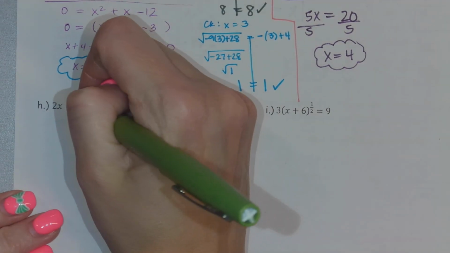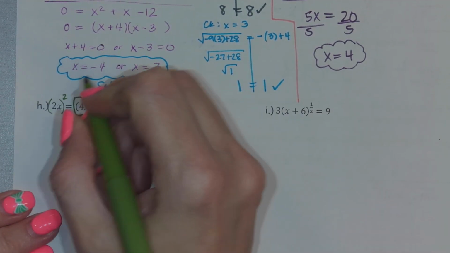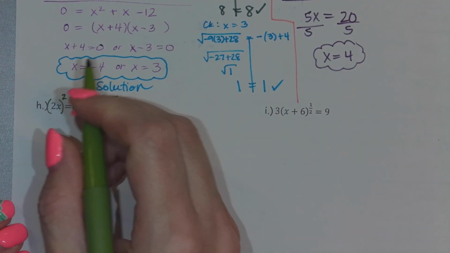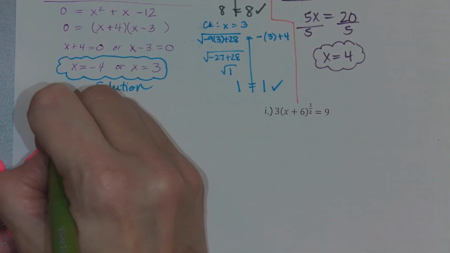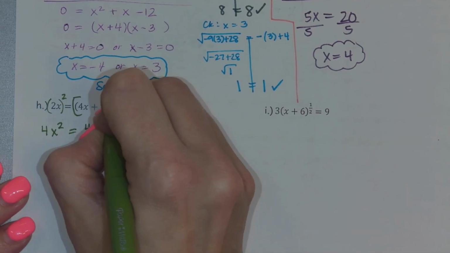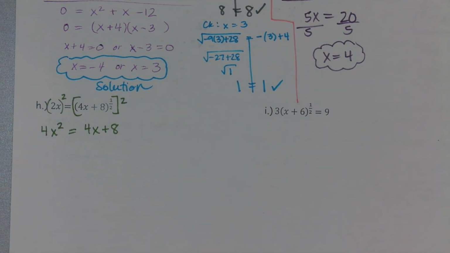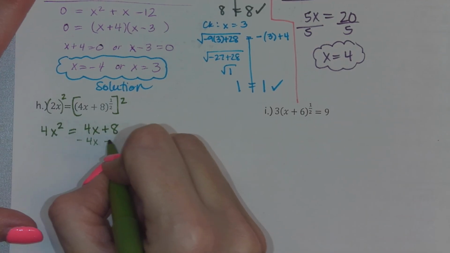Because you have 1/2, we're going to square each side. That's the reciprocal. When you do 2x squared, it's 2x times 2x, so make sure you get 4x squared. That makes 1, so you're left with 4x plus 8. Going to move everything to one side.